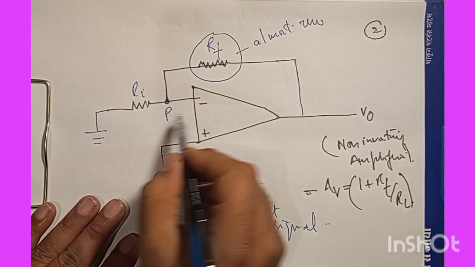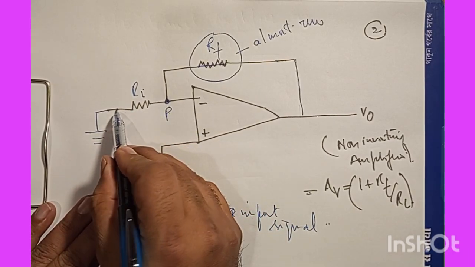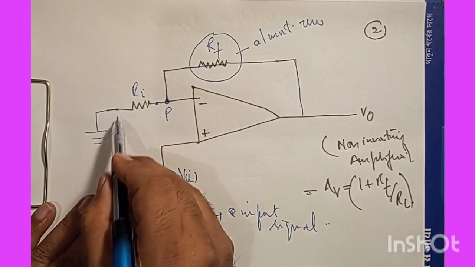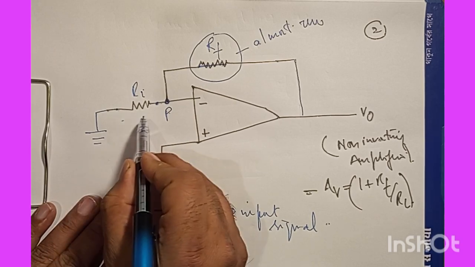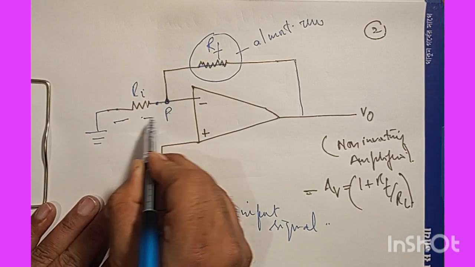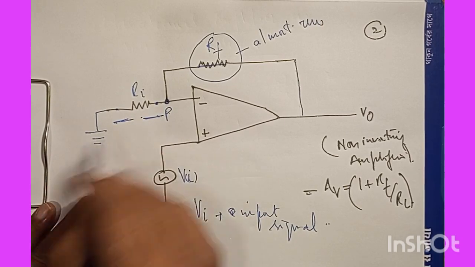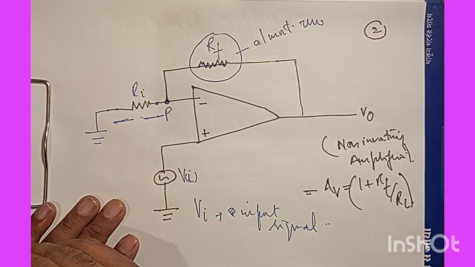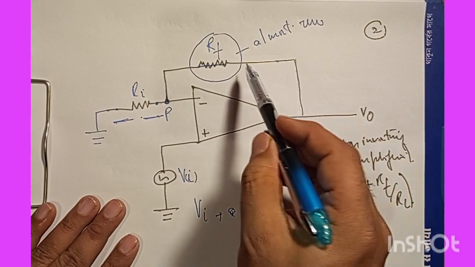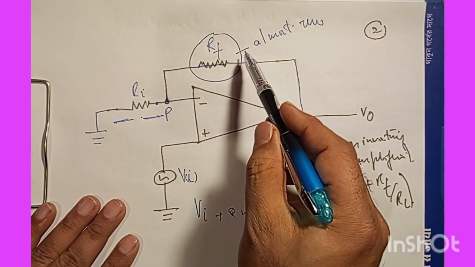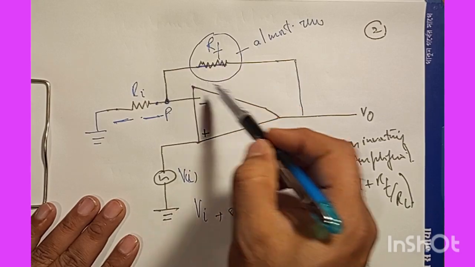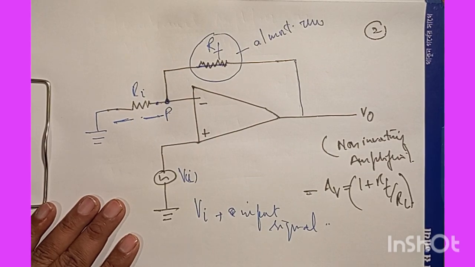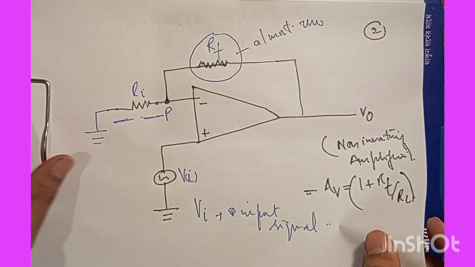And the input resistance here, we have the input resistance Ri, and to make Ri maximum, the best possible way is to keep it open here, so to keep a gap. If we keep it open, we are confirming the condition for extremely large input impedance, and if we short RF simply, that will give us the minimum possible resistance in the output circuit of this operational amplifier. So how would this circuit look?